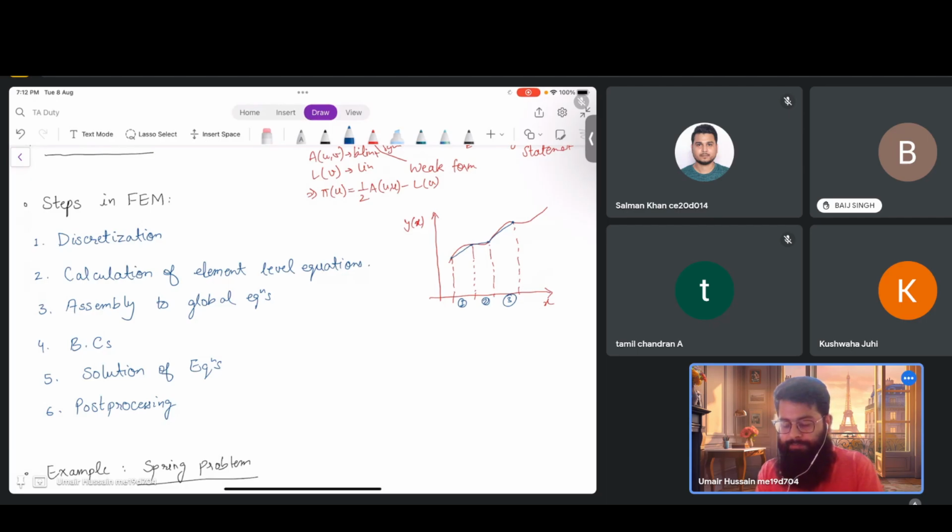After getting our system of equations, we apply boundary conditions because there are more unknowns than the number of equations. After applying boundary conditions, we get a system of reduced equations, which we can easily solve. After that, there's post-processing of the result. If we want the result at specific points, or we want their derivatives, or even higher order derivatives, that is possible.